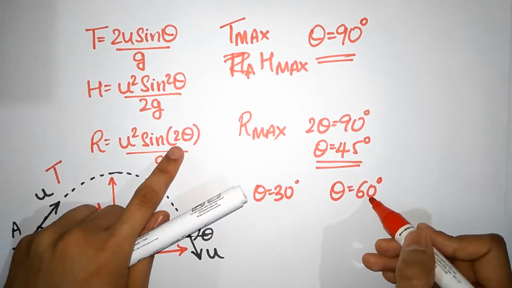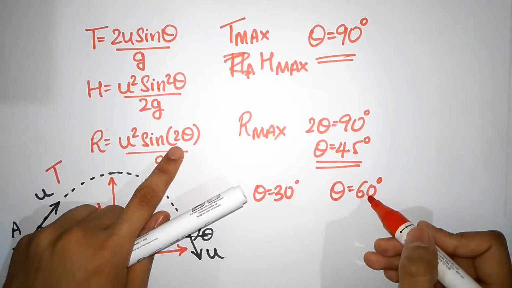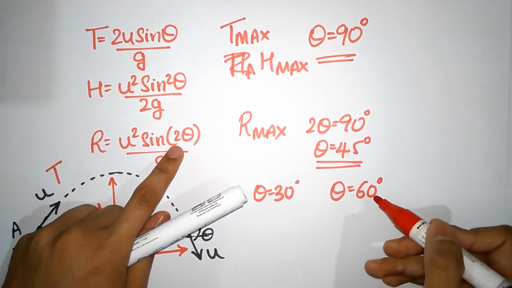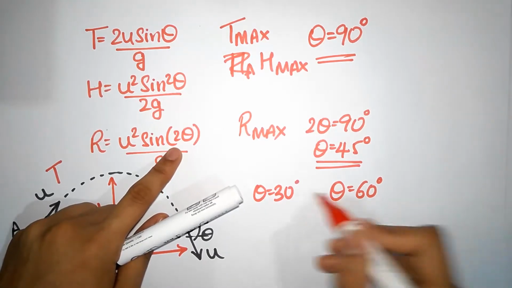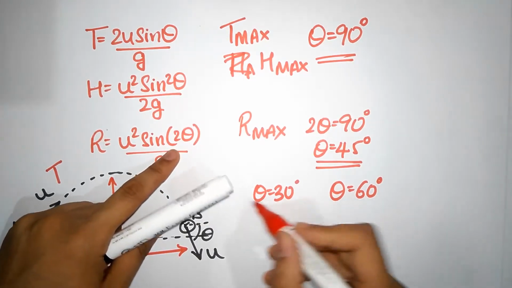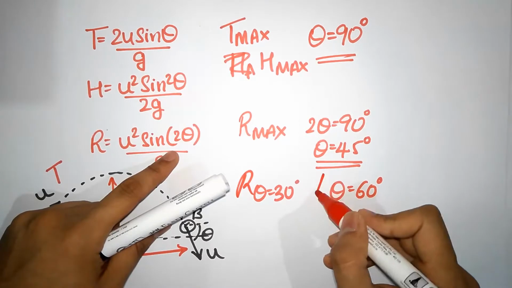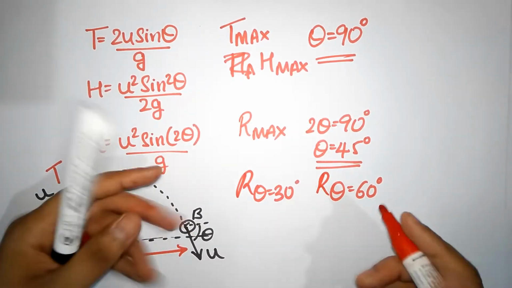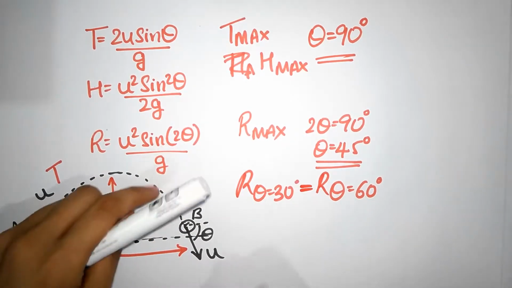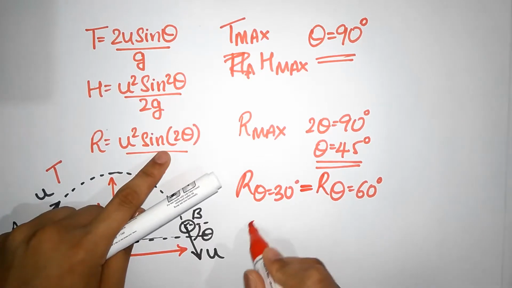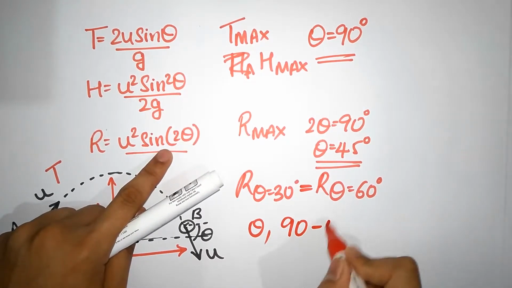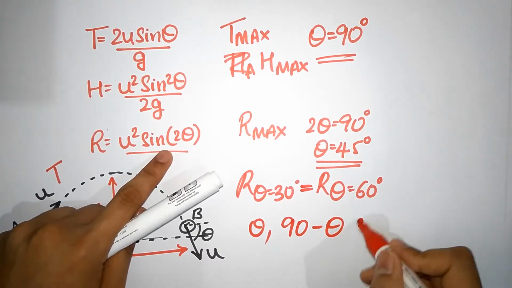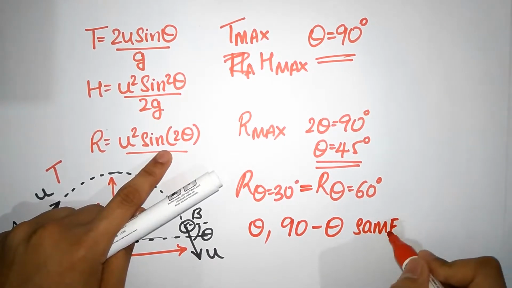And sine of 2 times 60 is sine 120, which is also equal to root 3 by 2, because sine is positive in the second quadrant. So the range is exactly the same. The general rule is that if you take any angle theta, then 90 minus theta also gives you the same range.